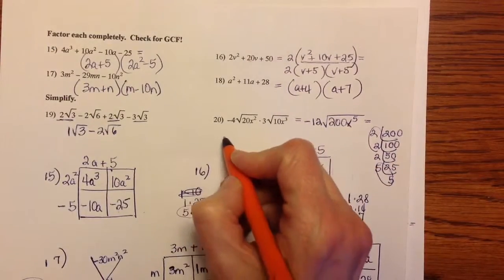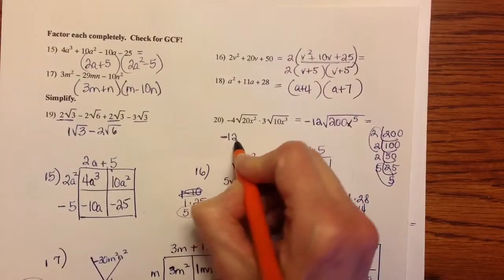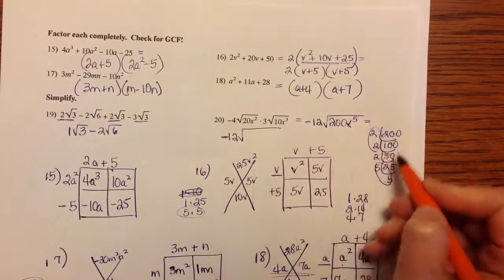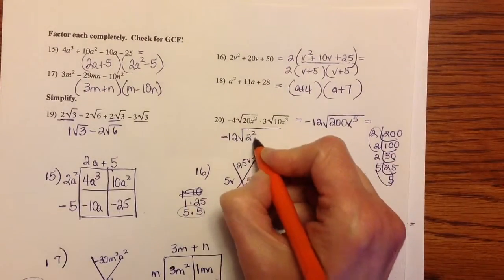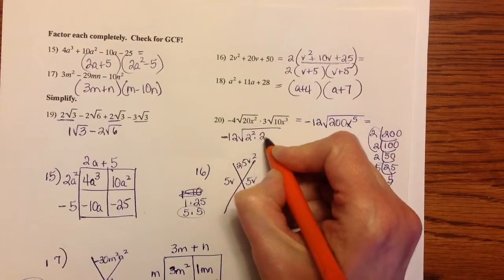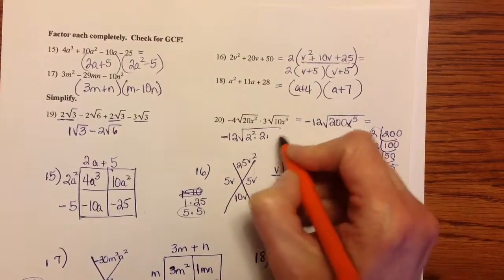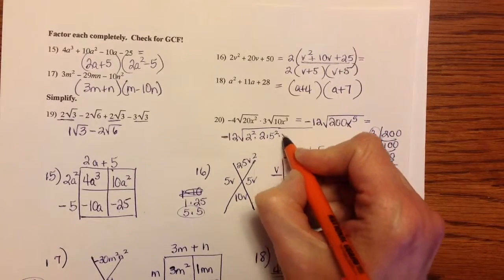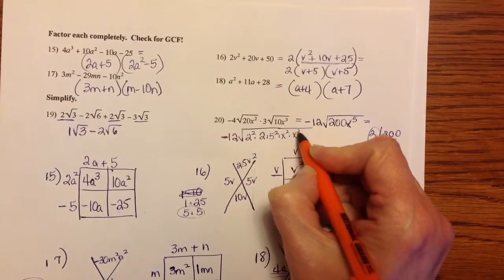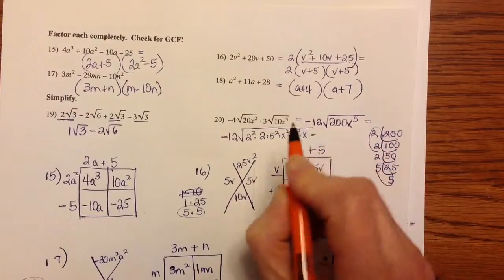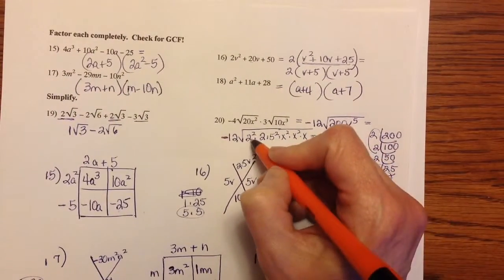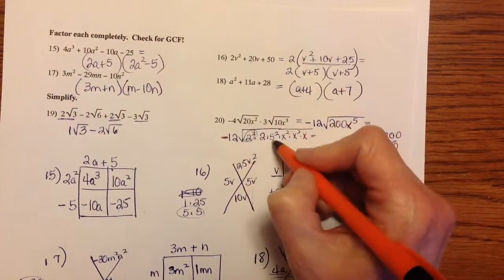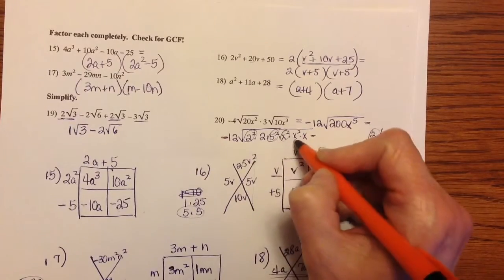So I'm going to bring down my negative 12. Underneath my square root, I have my 200, which is now 2 squared, times 2 times 5 squared. And then my x to the 5th will break into x squared times x squared times x. Now my perfect squares are the 4, the 25, the x squared, and the x squared.